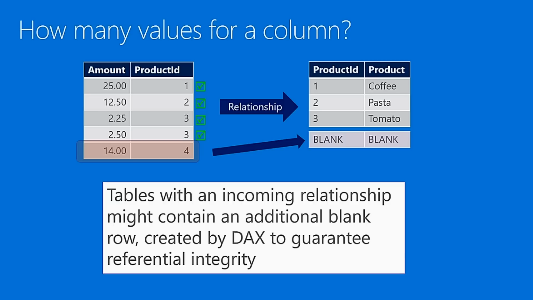It might have 3 values or 4 values, depending on whether I count or do not count the blank row. Some functions take into account the blank row, some others do not. For example, ALL considers the blank row as a valid value. If I get ALL product, I will get coffee, pasta, tomato, and blank, so the result will be 4.